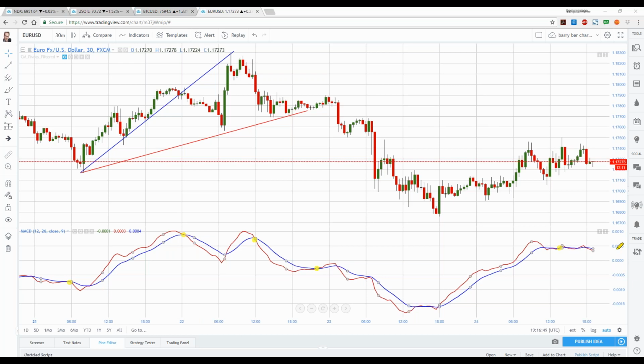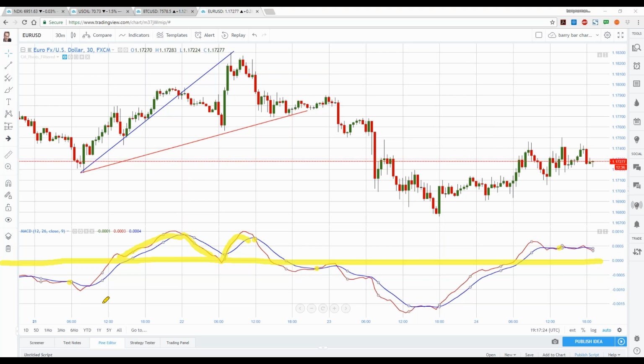So again, we have our zero line here. And when we have the MACD line, the red line, and it crosses over the blue line and goes underneath of it, it's giving us a sell signal. When it crosses above the blue line, it's giving us a buy signal. You follow me?